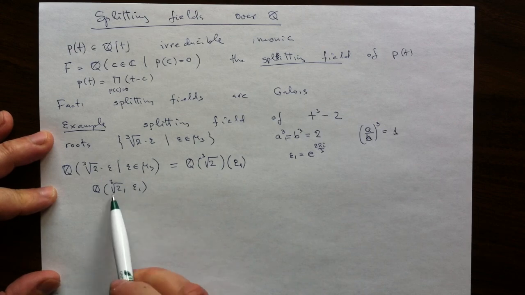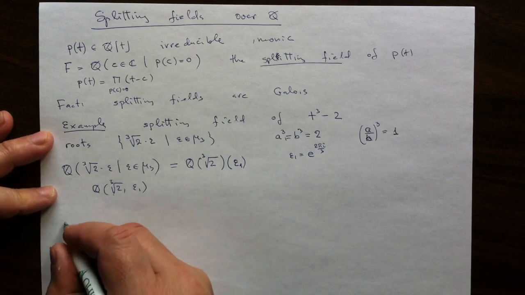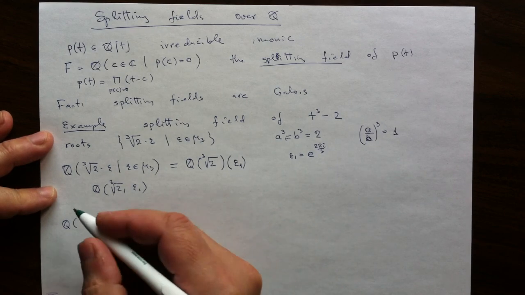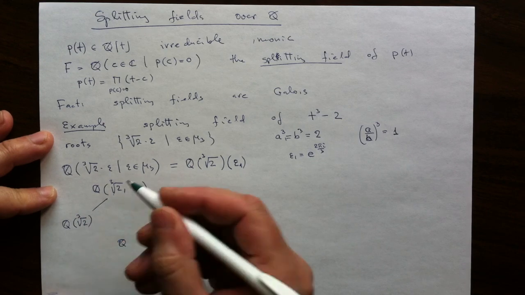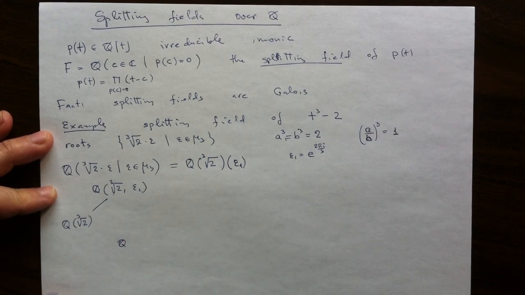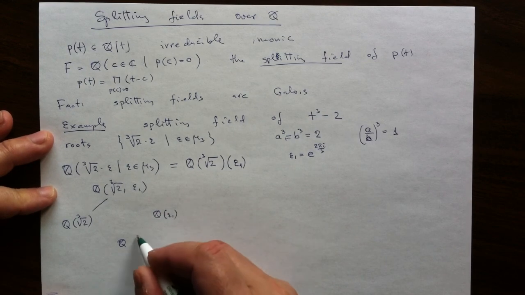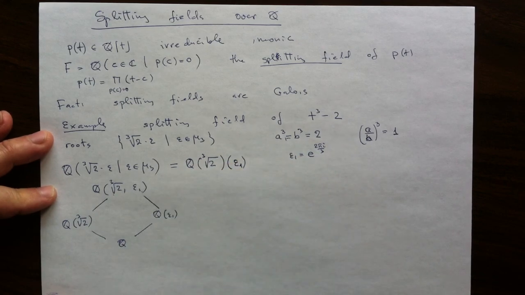Again, the splitting field is the result of attaching just two numbers, this real cubic root of 2 and this complex root of 1, and then we could write it as a two-stage extension of the rationals, first attaching the cubic root of 2, and then attaching this complex root of 1. Or the other way around, we could start with attaching the complex root of 1, have the cyclotomic extension of the rationals, and then attach to it the cubic root of 2, this real number.